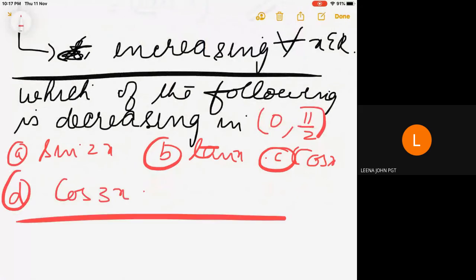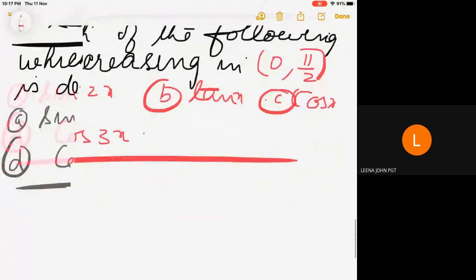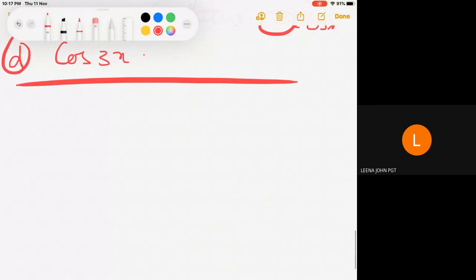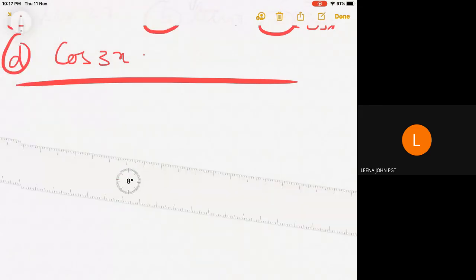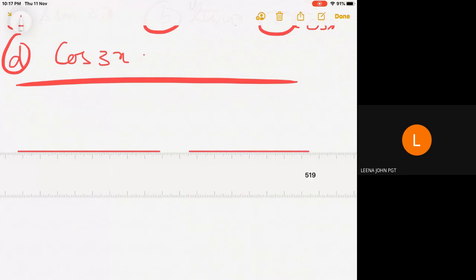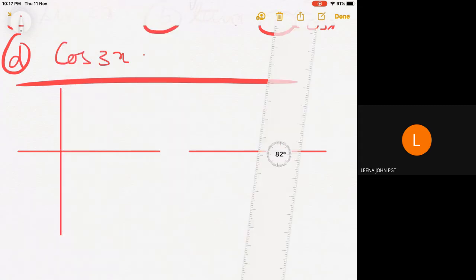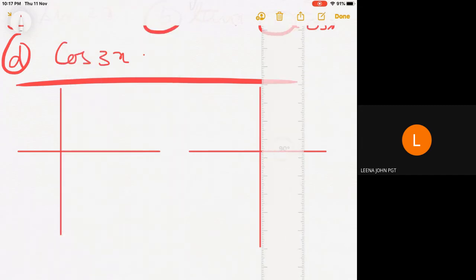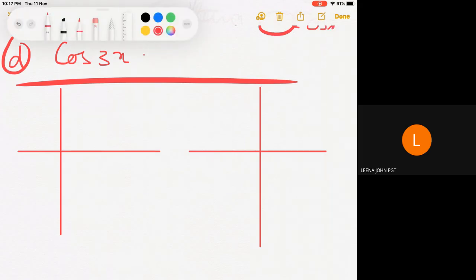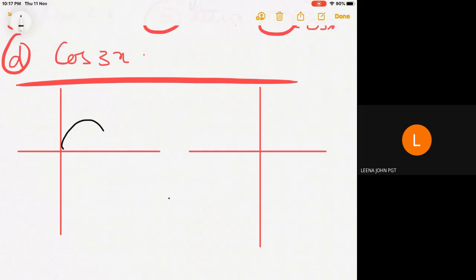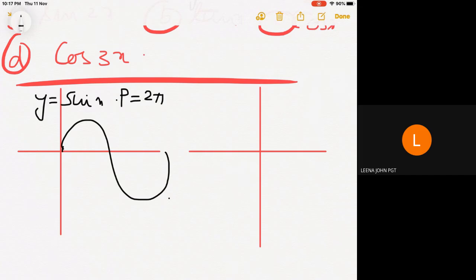So a very easy technique I'll tell you, children, you should know the basic functions sine and cos. This is the sine function, y equal to sine x, and the period of this function is 2 pi. That means it is from 0 to 2 pi.